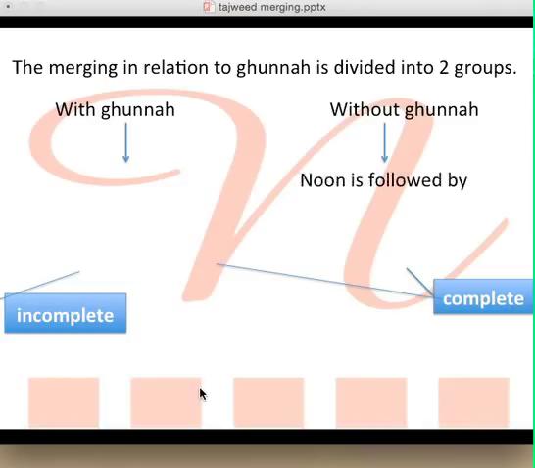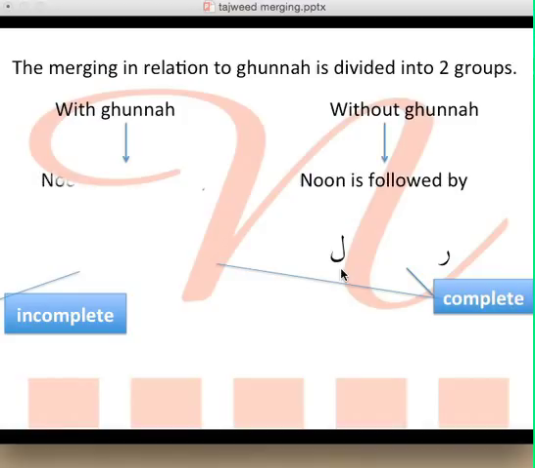Now, the one without ghunna is when the noon or tanween is followed by the lam or the ra. Those are the only two without ghunna. When you see this lam or ra after the noon or tanween, you don't stretch, you don't make ghunna at all.